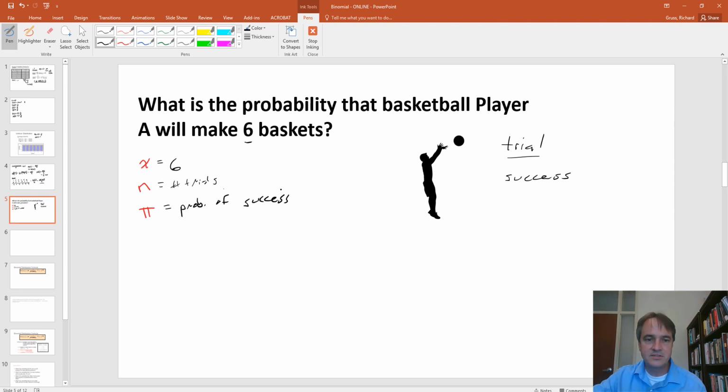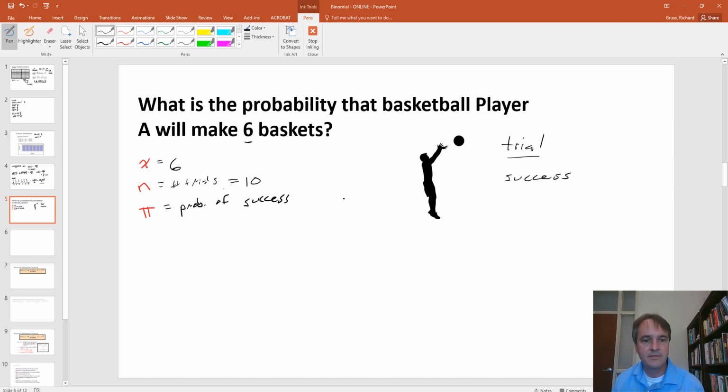So let's just go ahead and put in some hypothetical numbers here, just to start actually calculating this. Let's say that the number of trials is going to be equal to 10. They're going to try 10 times, and let's see, how good is the player?